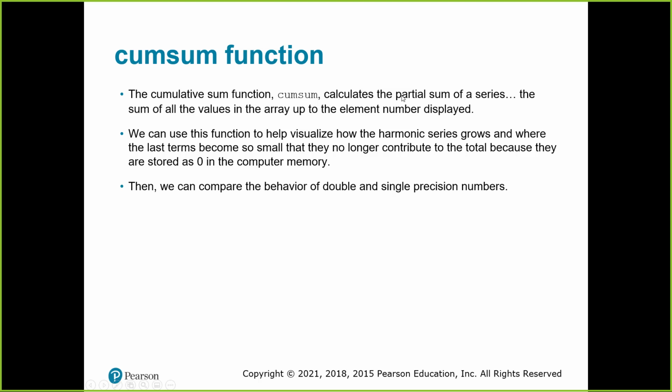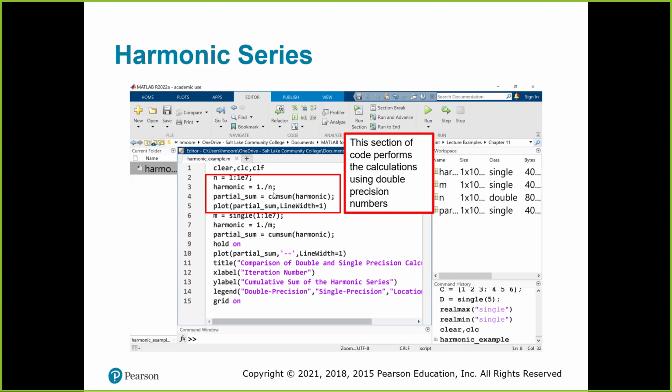So this calculates the partial sum of the series, the sum of all the values in the array up to the element number displayed. So in this example, they're going to show this on the harmonic series in both a double and a single precision numbers, and see the difference in values.